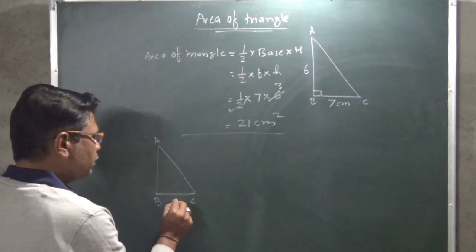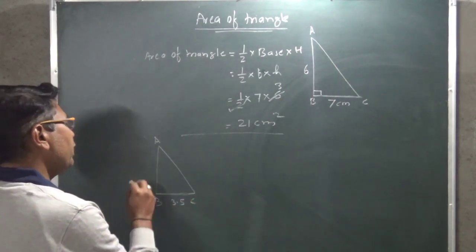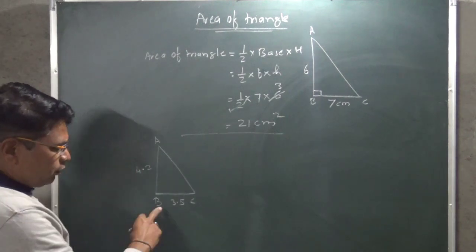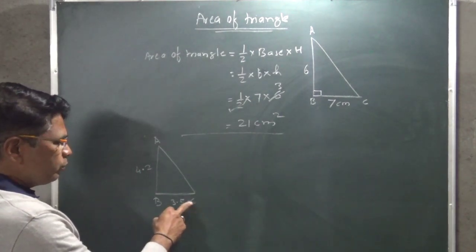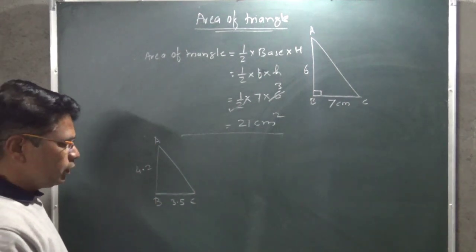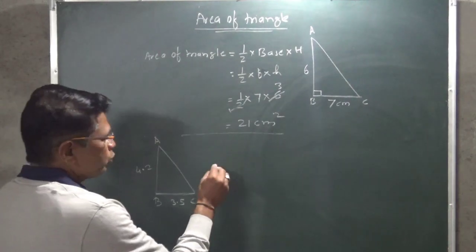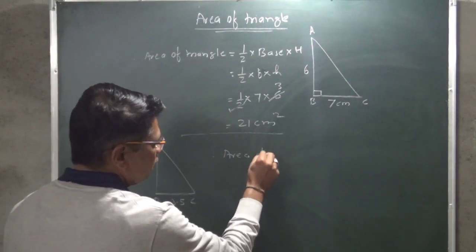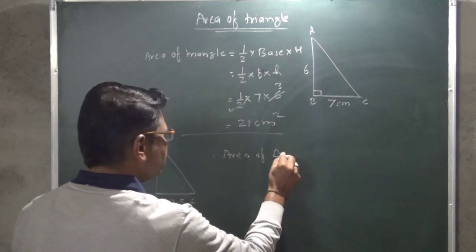We can mention BC is 3.5 and AB is 4.2. You may mention BC equal to 4.2 or AB equal to 3.5. It doesn't matter. So here, we find out the area of the triangle.